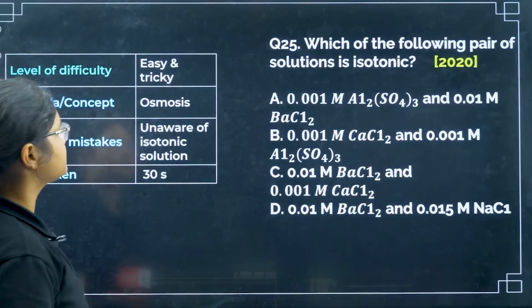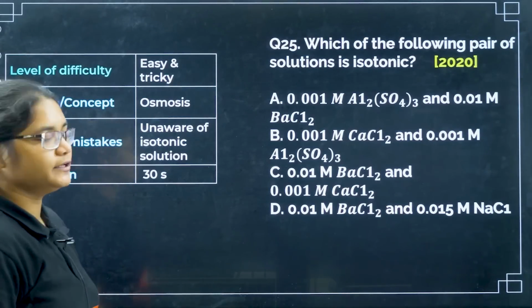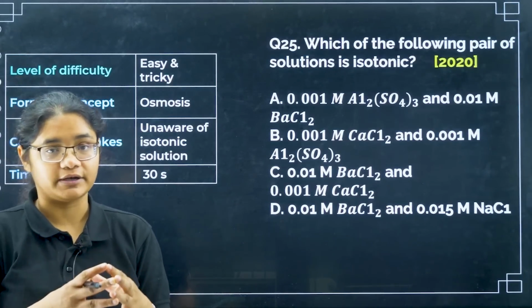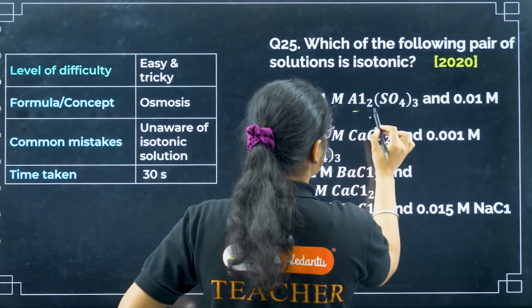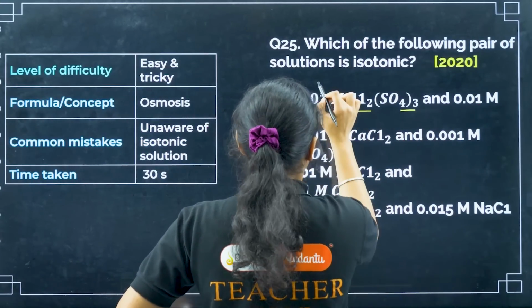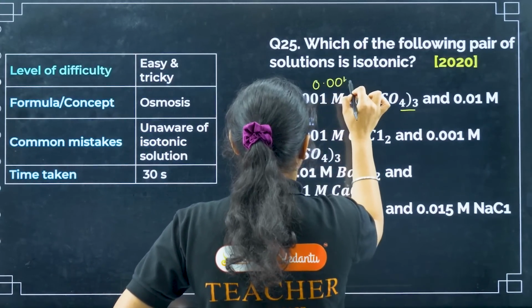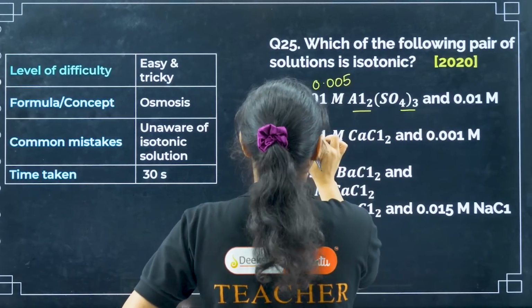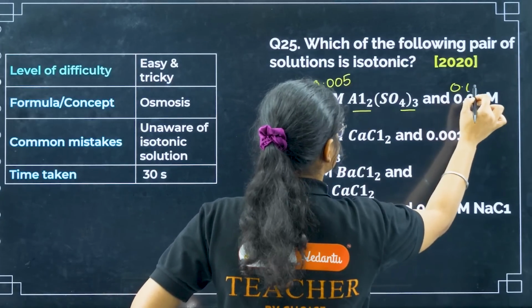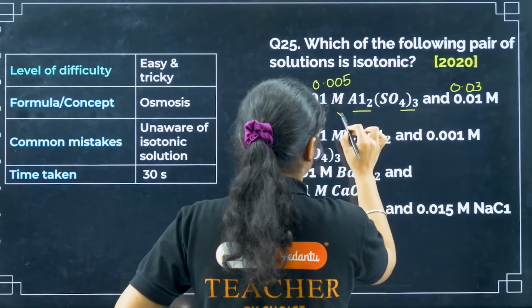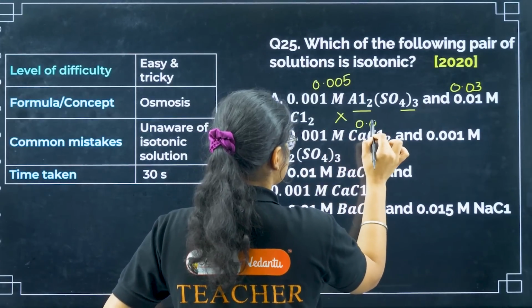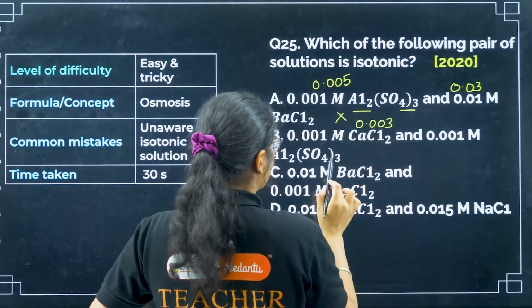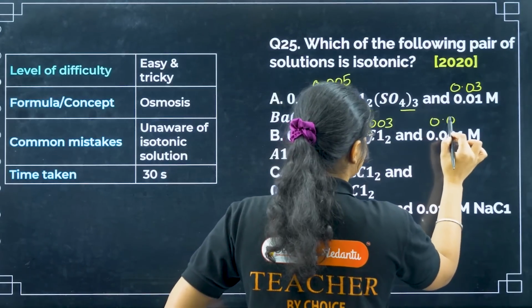Next, which of the following is an isotonic solution? For an isotonic solution you need to have the same concentration. Here I have a total i value of 5 and I will get 0.005 here, and here I will get 0.3. So it is not equal, so not isotonic. Here again 2 plus 1, 3, so I will get 0.003 here, and here I have 5, so that is 0.005.